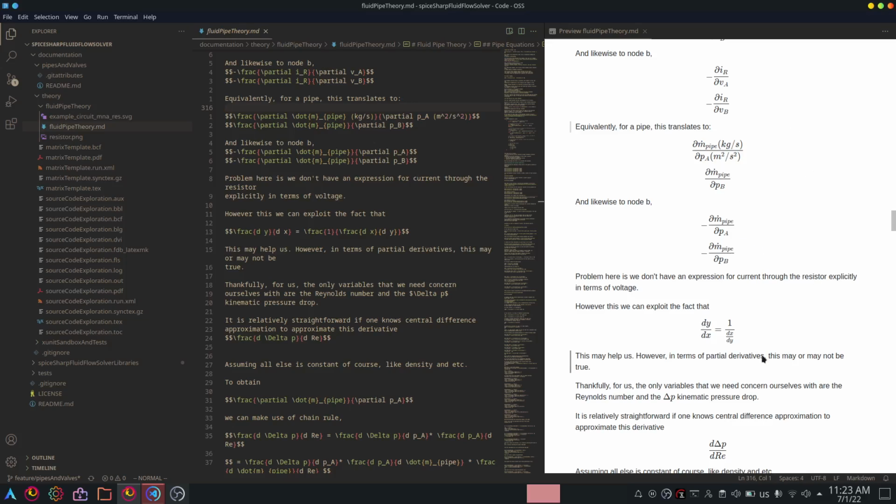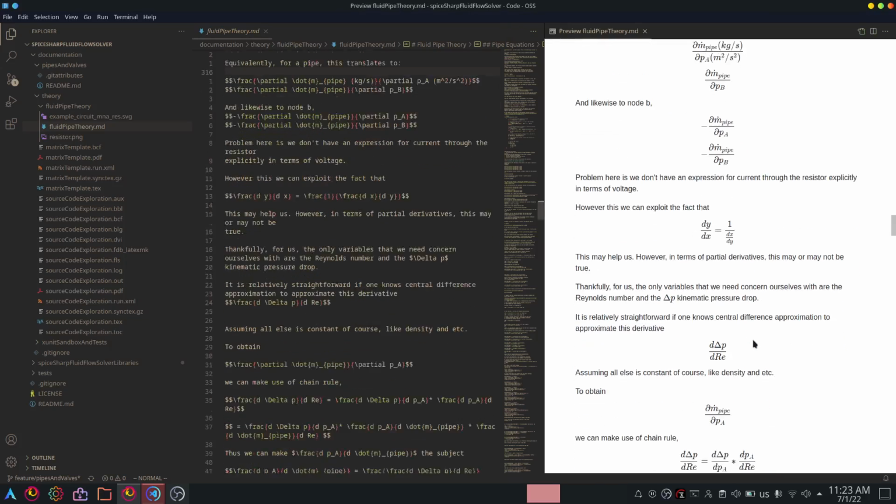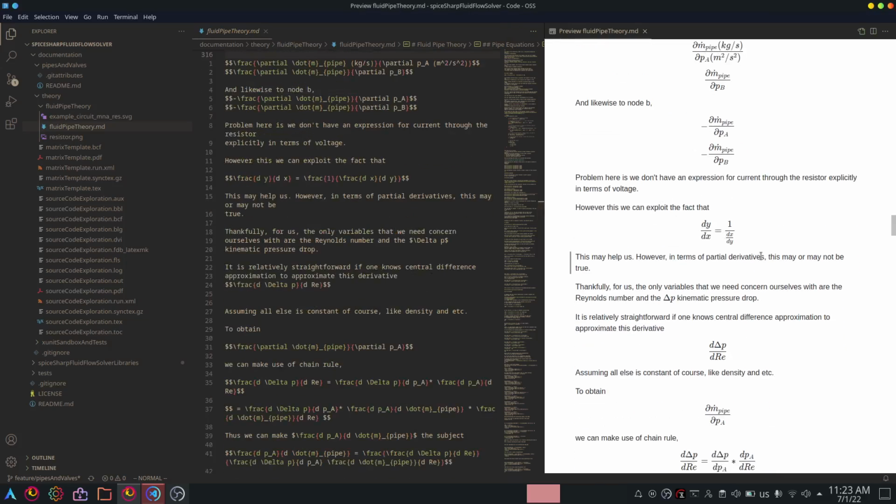So we need to flip it using the total derivative rules. We can convert total into partial derivatives because all the other things are constant. We don't expect roughness ratio or fluid viscosity to change too much when the pressure changes. So we can change the total derivatives into partial derivatives quite easily.